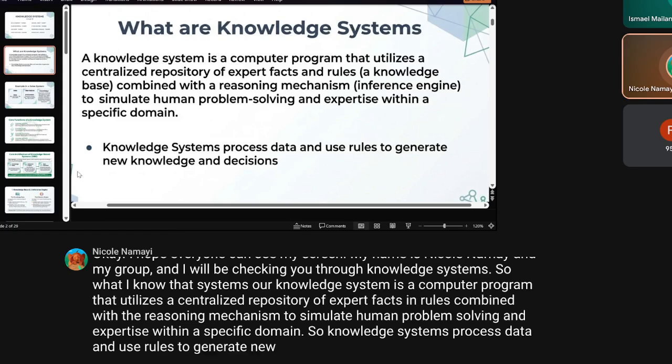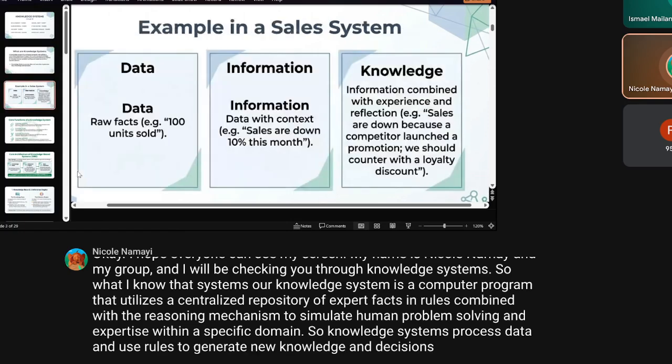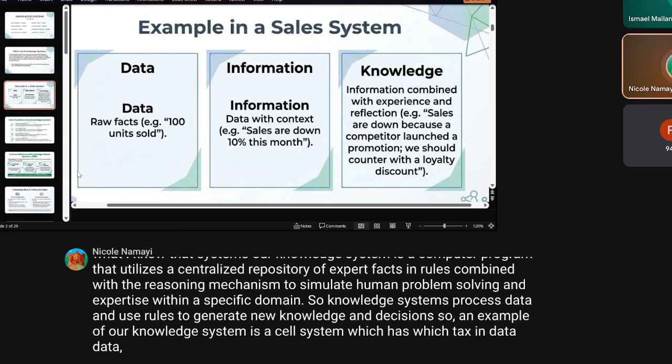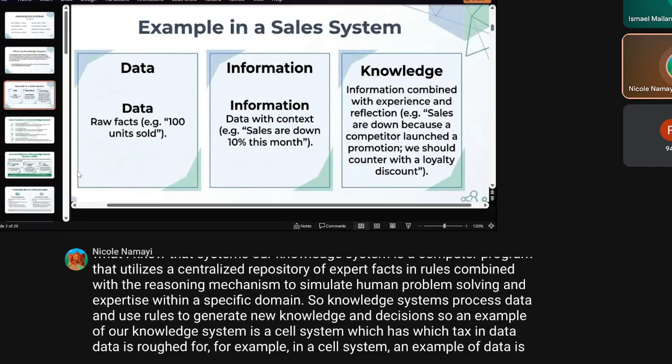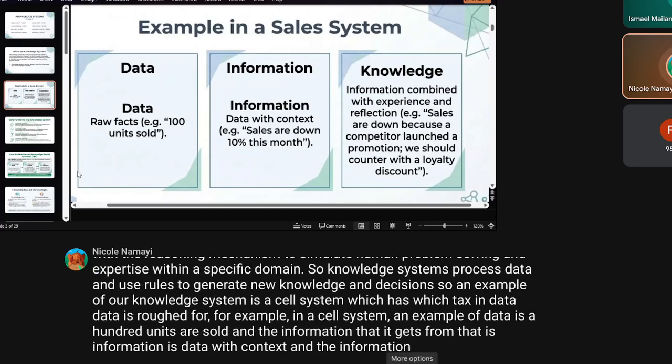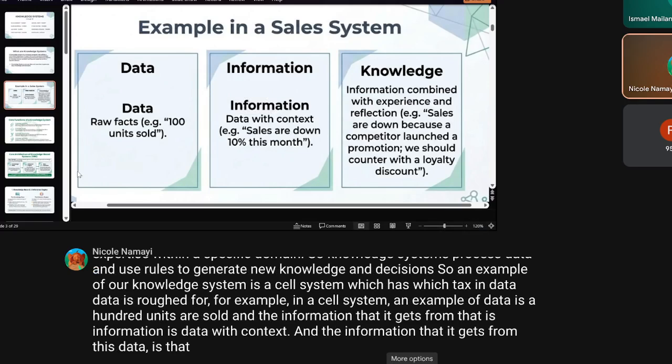An example of a knowledge system is a sales system, which takes in data. Data is raw facts. For example, in a sales system, an example of data is 100 units are sold, and the information that it gets from that is, information is data with context, that sales are down 10% this month.